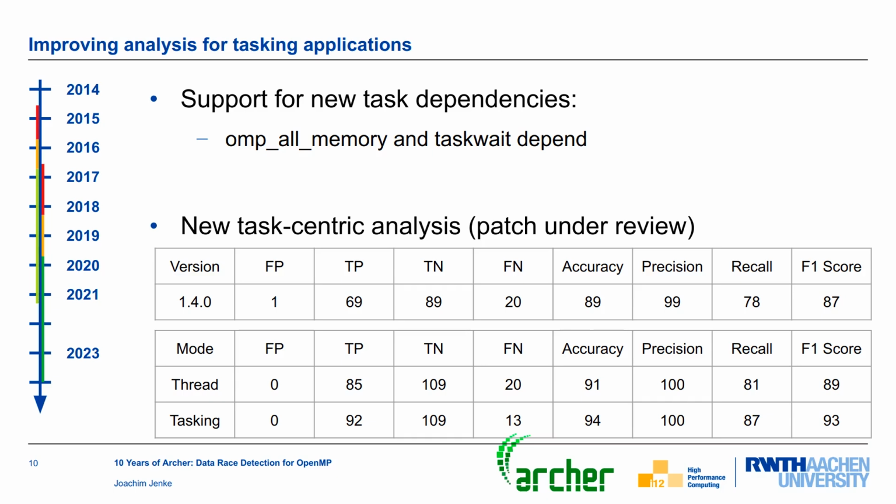And as you can see in the lower table, the task-aware analysis or the task-centric analysis significantly improves the accuracy and also the recall of the tool, because for certain tasking codes, we can now detect the data race where the thread-centric analysis will miss the data race.